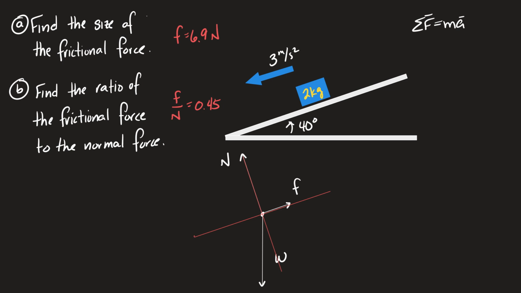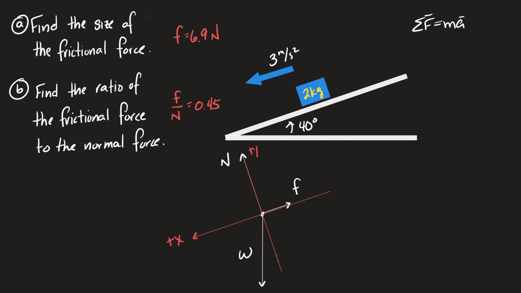And that means I'm going to make this my positive x direction. I would always encourage you to make the direction of the acceleration positive if you can. It will help you out later. And I'm going to make this the positive y direction. Do I have any forces that are off-axis forces? Yeah, I do. I have the weight is off-axis. So because the weight's off-axis, I'm going to have to resolve the weight into its components.